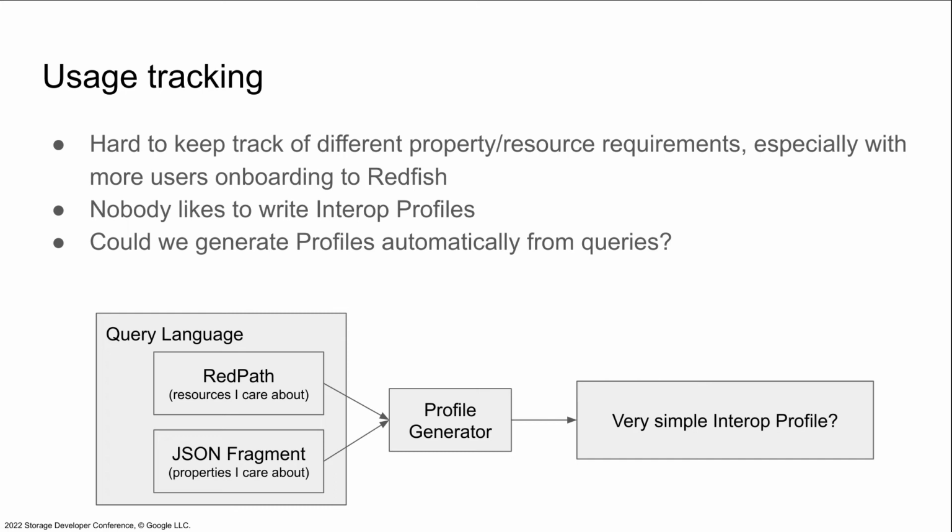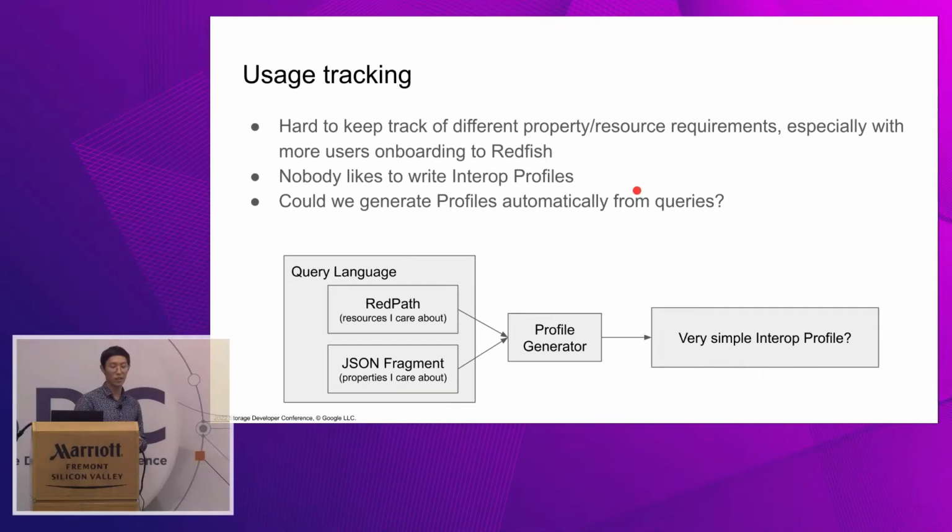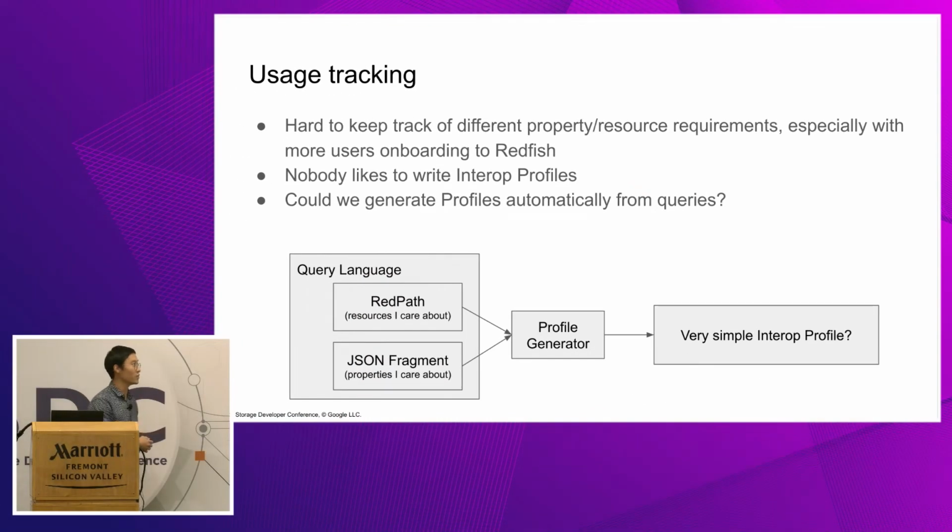So the other problem that we have is usage tracking. Across all the different teams and all the different clients in Google, everybody's going to have different resource requirements, different property requirements. And the challenge that we've run into over the last year is that no one really likes to write interoperability profiles. To clarify what I mean, it's very toilsome to write the interop profile.